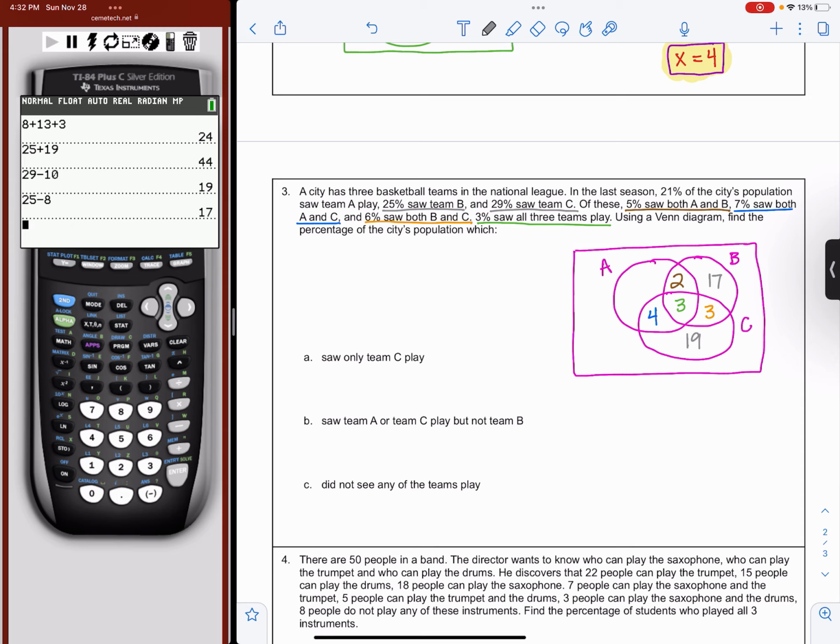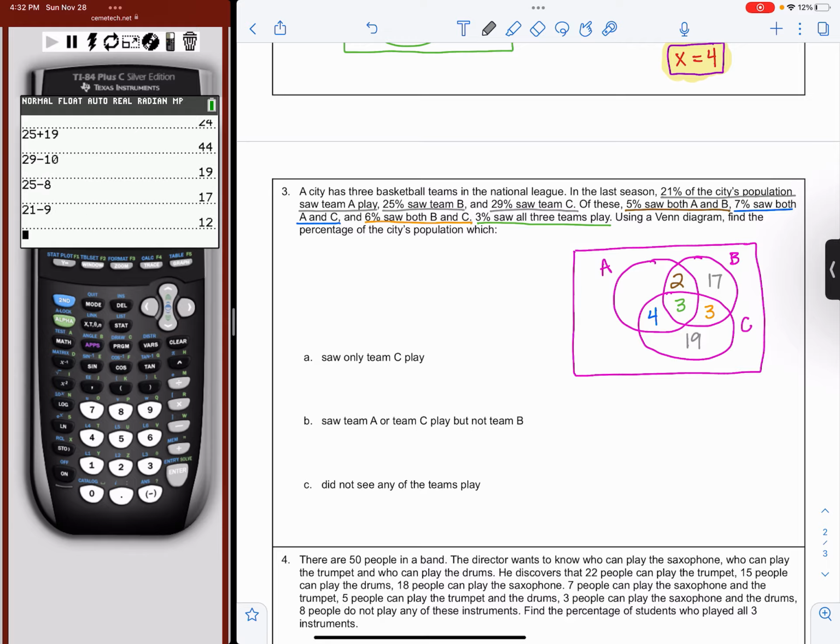And then it says 21% of the city's population saw Team A. So if I say 21% and I subtract all of the numbers that are in A, which is 9, that's going to give me 12% that saw team A only. So because we're talking about percentages, I already know we can go only up to 100%.